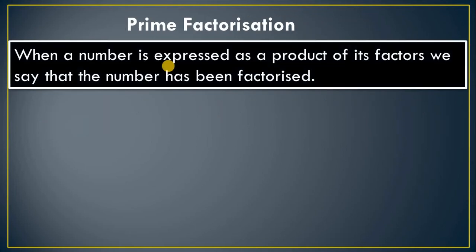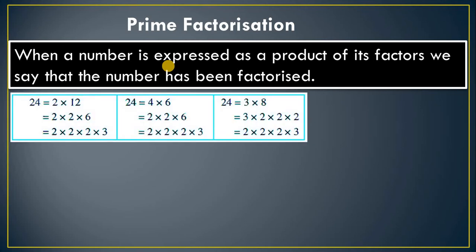Then we will see the prime factorization concept. When a number is expressed as a product of its factors, we say that the number has been factorized. The prime factorization concept is not difficult. Suppose you take one number, 24, you just break that number.